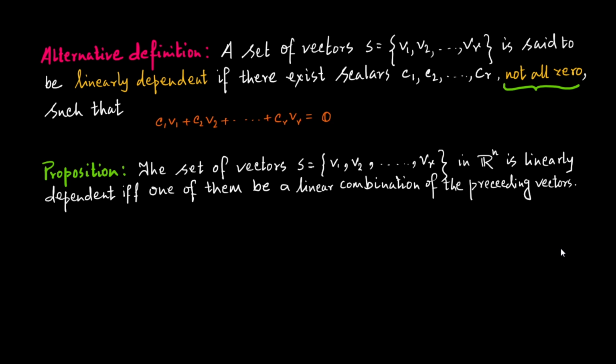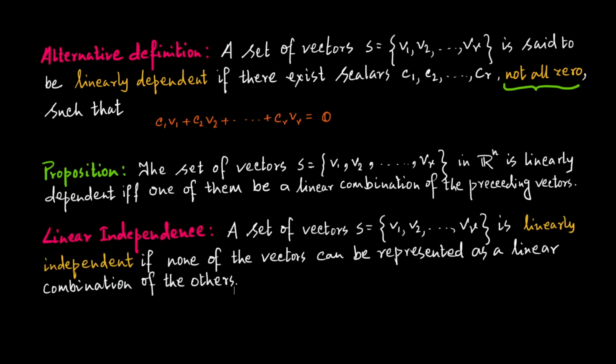Now, if a set of vectors is not linearly dependent, then it is obvious that it will be termed a linearly independent set of vectors. Formally speaking, a set of vectors S = {V1, V2, etc., Vr} is linearly independent if none of the vectors can be represented as a linear combination of the others.